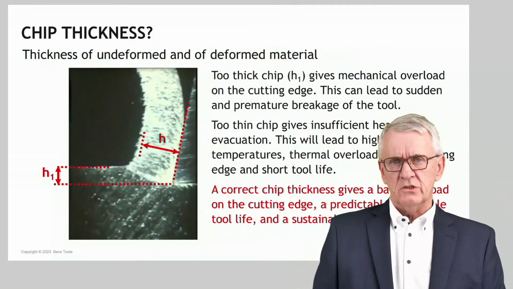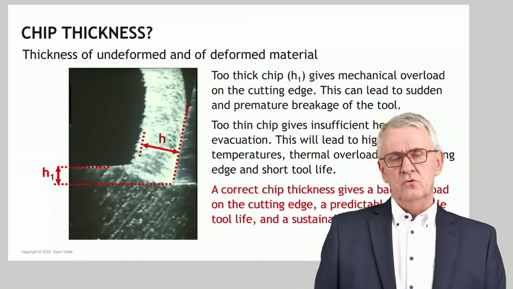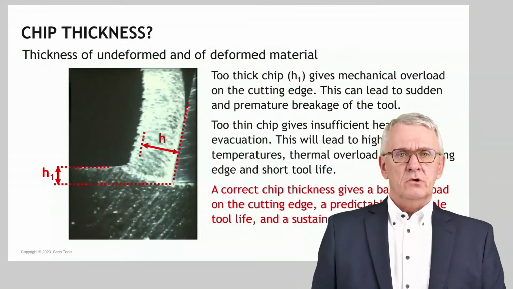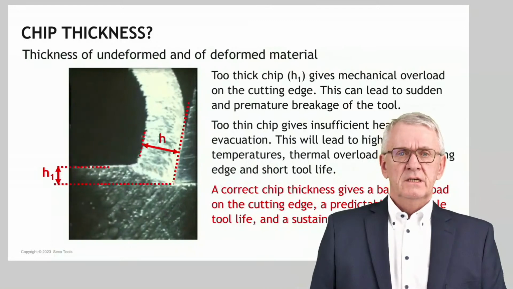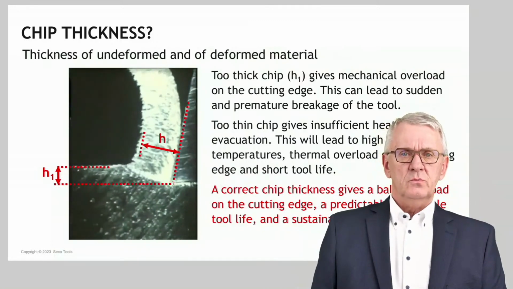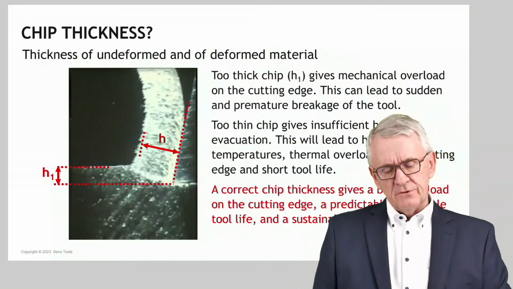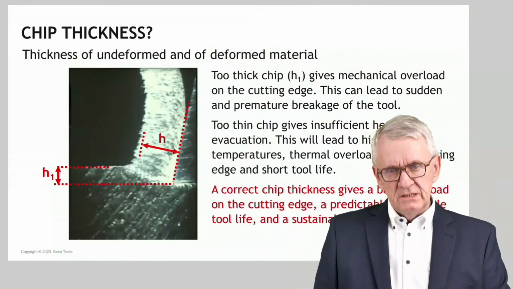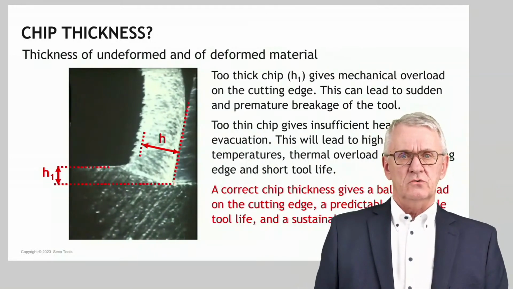The mechanical pressure on a cutting edge is going to be too high, and that will lead to fracturing of a cutting edge, breakage of a cutting edge, in other words, premature reaching of the tool life. So chips should not be too thick. And again, it's the last time I say it for today, but remember, chips should not be too thick means the thickness of the material you are going to cut should not be too thick.